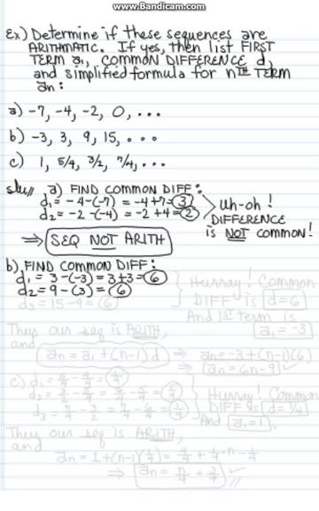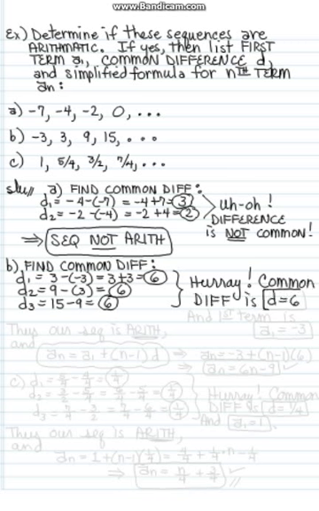Do you see that? 9 is the third term minus the second term, 3, and we get the same difference, 6. I hope this continues. Let's look at d sub 3. That's where we take 15 and subtract 9, and the difference is 6. So we're celebrating now. Hooray! We have a common difference, and that value, d, is equal to 6.